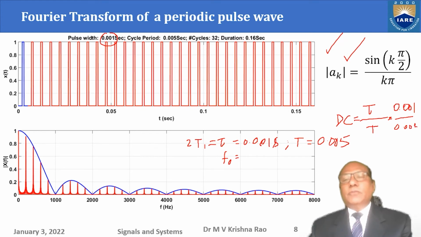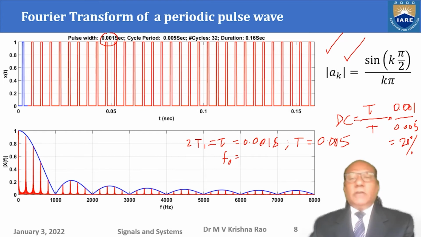So it means 1 by 5, that is nothing but 20% duty cycle. In terms of percentage, I should write 20% duty cycle. Okay. And what about the frequency? Frequency is 1 by T, the fundamental frequency.